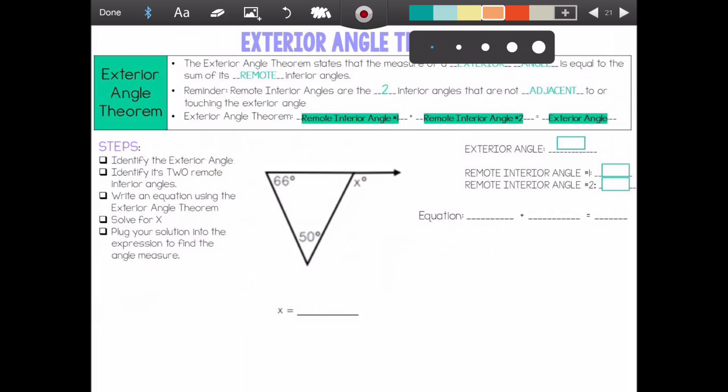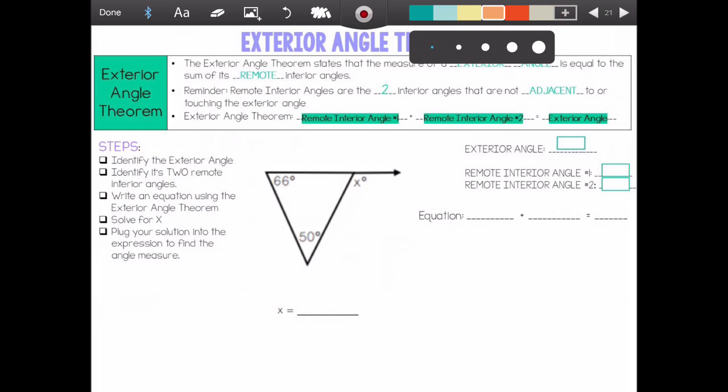So first we're going to follow the steps. We're going to identify the exterior angle, which then we're going to identify its remote interior angles. We're going to write an equation, and then we're going to solve for x to find our solution, or to find the answer, the measure of the exterior angle.